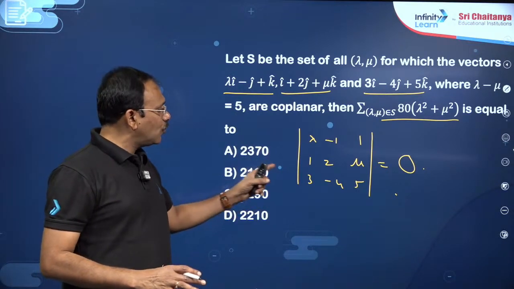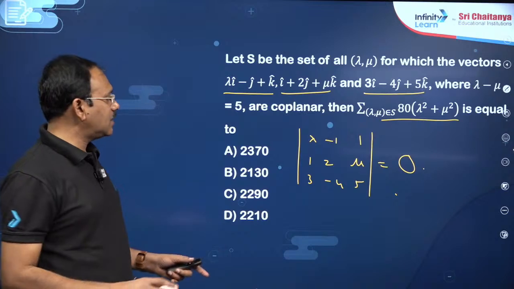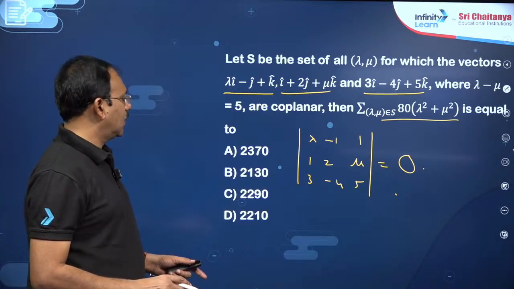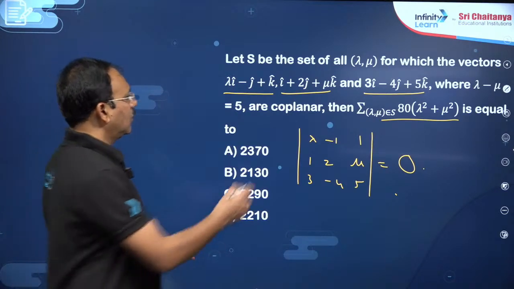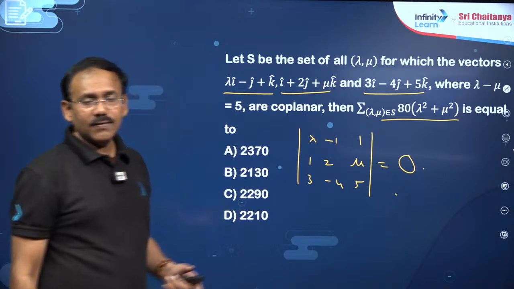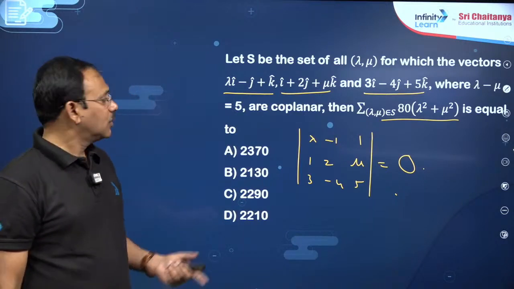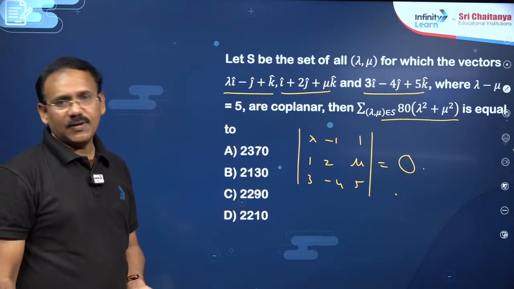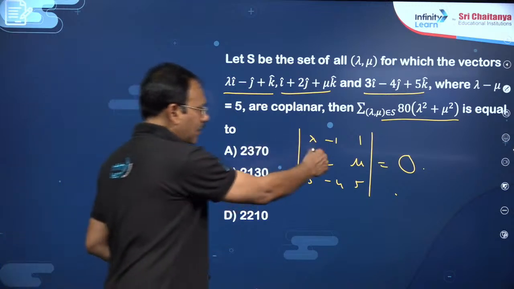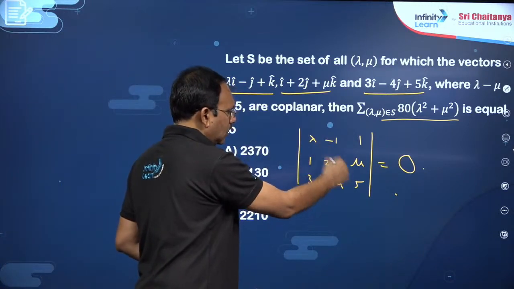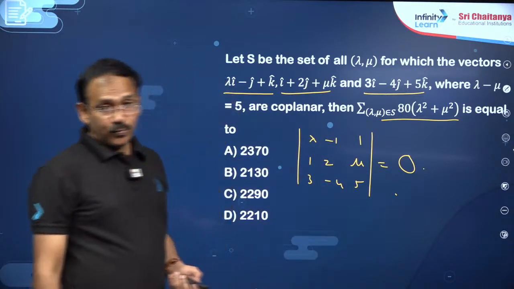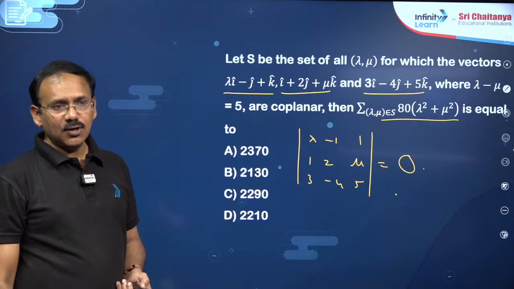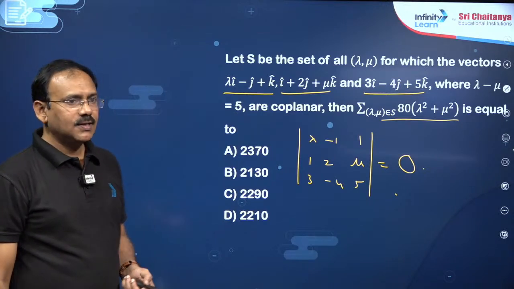Apply this, you will get a condition in terms of this, my dear friends. Or you may get lambda mu also. Anyhow, lambda minus mu is equal to 5. Eliminate lambda or mu, you may get a quadratic equation in terms of lambda. Okay, because lambda into, you are getting 10 minus 4 mu, that means lambda mu you will get, a degree 2 equation you will get. Okay, yeah.